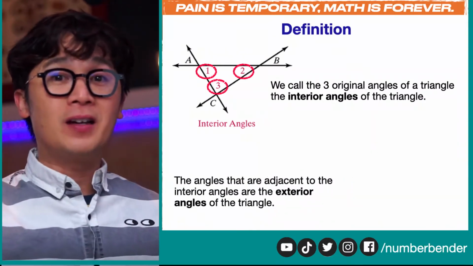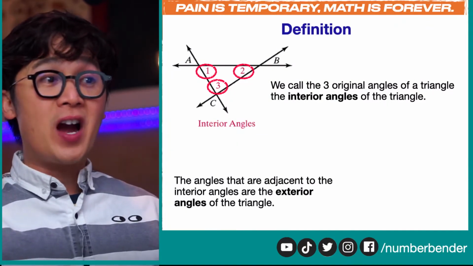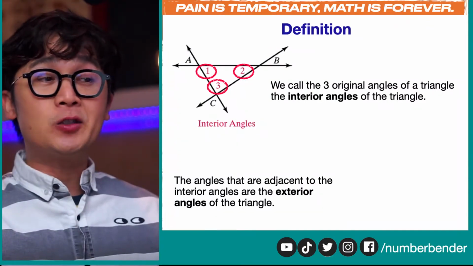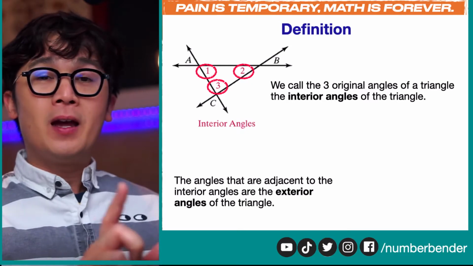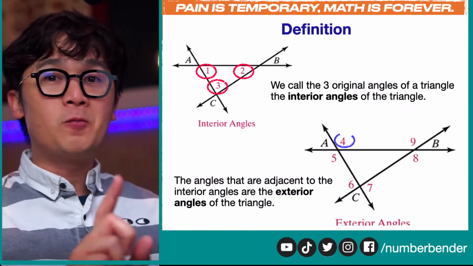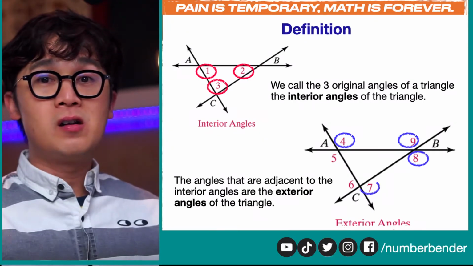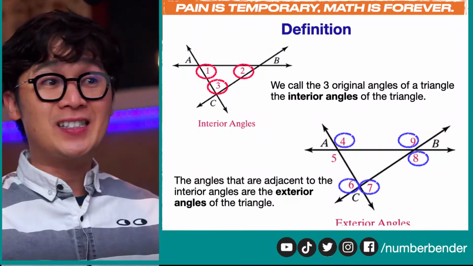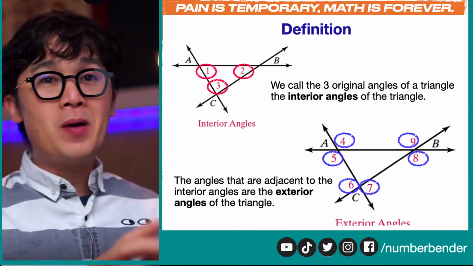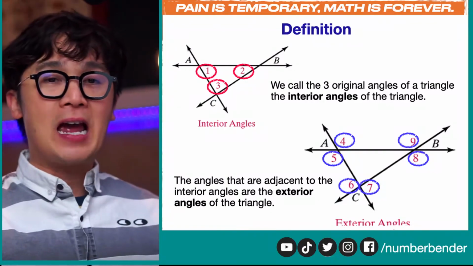Exterior angles are defined as the angles that are adjacent to the interior angles, and we'll be able to produce 1, 2, 3, 4, 5, and 6 exterior angles from the extended lines that we are seeing in our triangle.